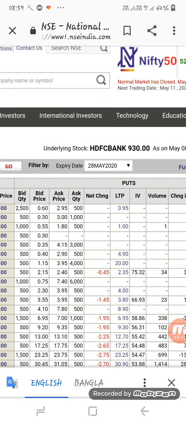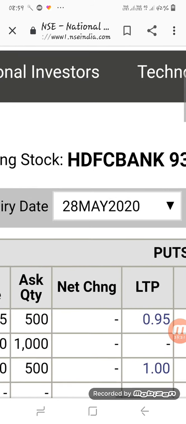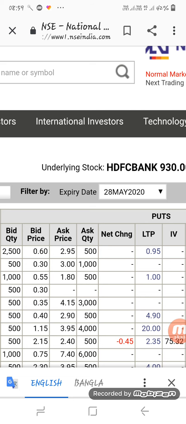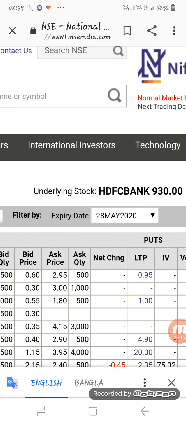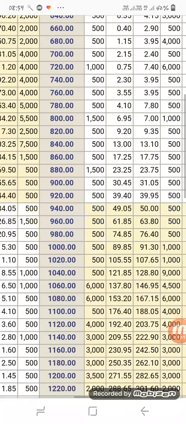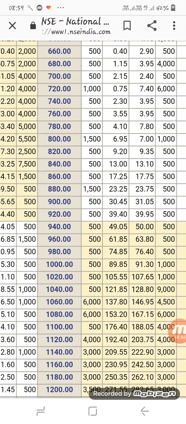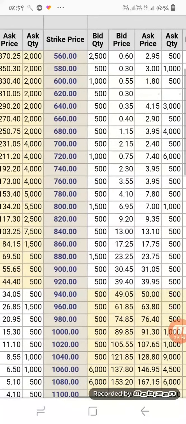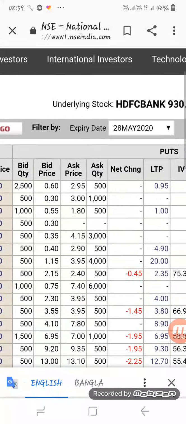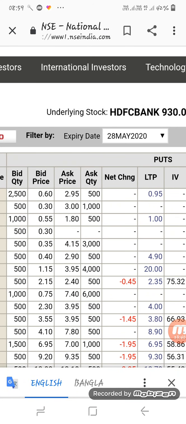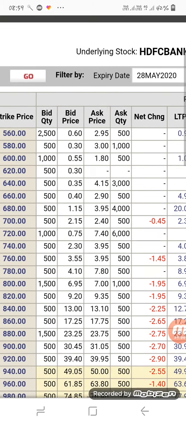As I've told you, spot price is important, and expiry date is important, because if we choose this expiry date of 28 May, this 930 should reach the strike price theoretically, say 960. Right now the price is 930, it should reach 960 within 28 May. If it does not hit the price, then there's a high probability of making losses.